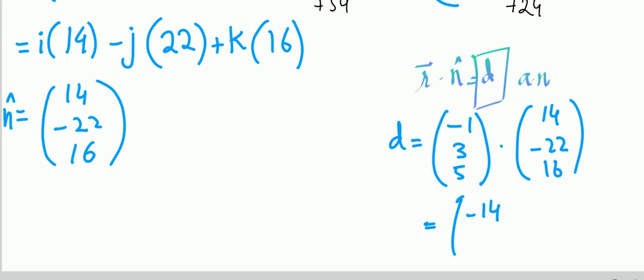minus 14, minus 66, plus 80 is equal to 0.